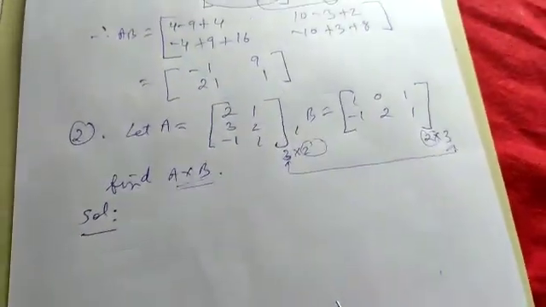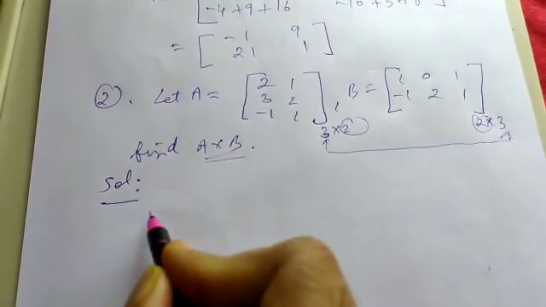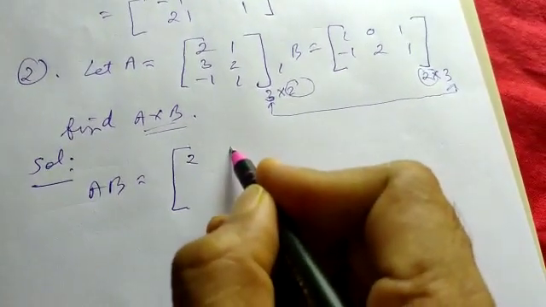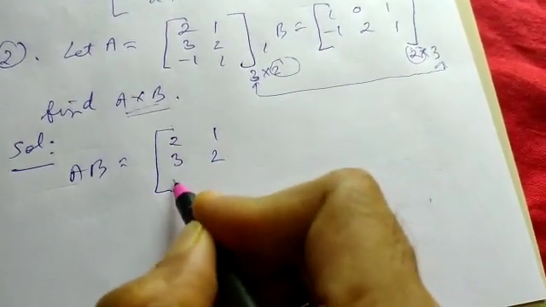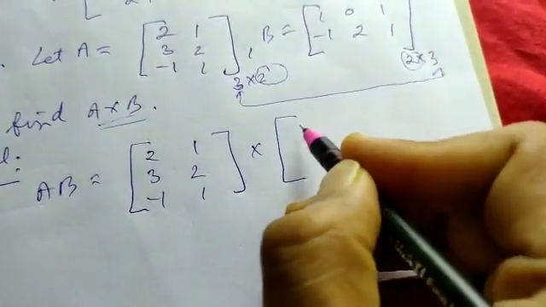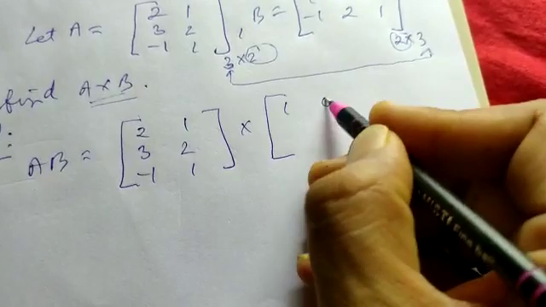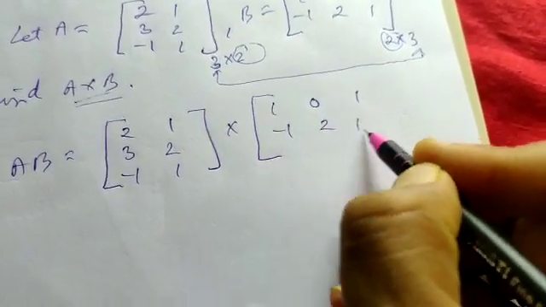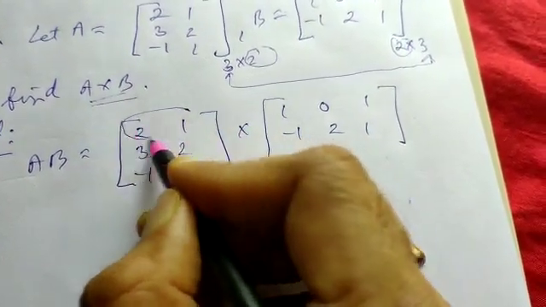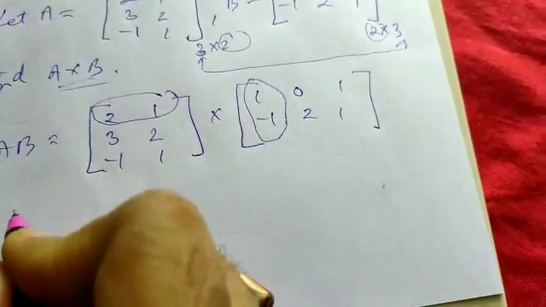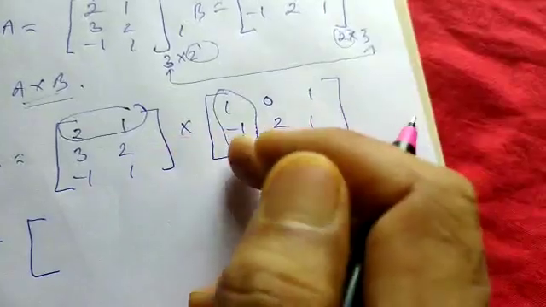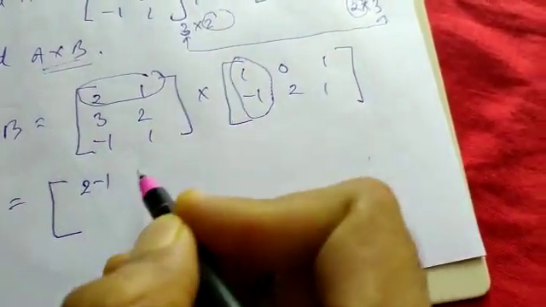So let us start doing the multiplication of A and B. So AB equal to 2 1, 3 2, minus 1 1. Already I have taught you how to multiply two matrices, 1 0 1, minus 1 2 1. So we'll multiply the elements of R1 with the elements of column 1, and then add them. 2 into 1, 2, 2 into minus 1, minus 2.